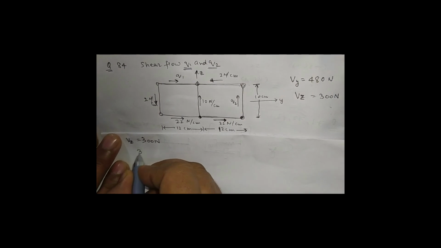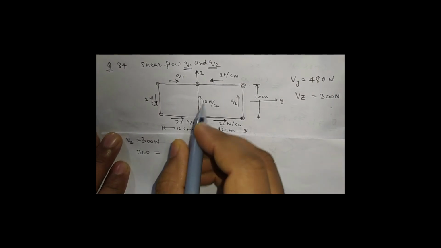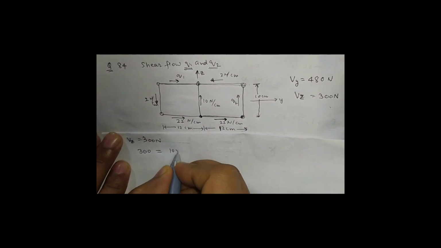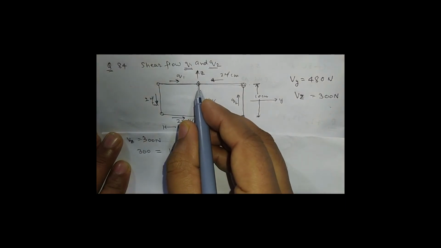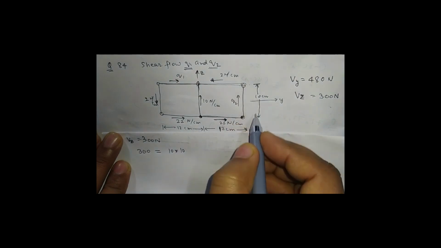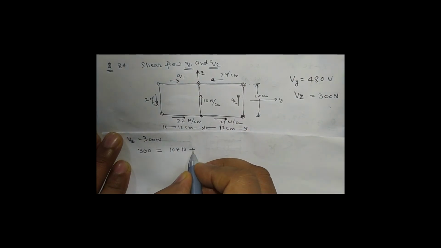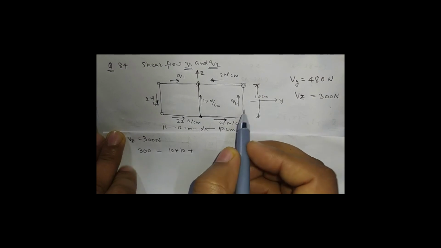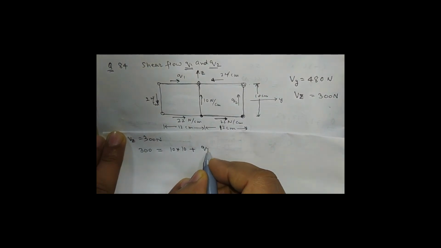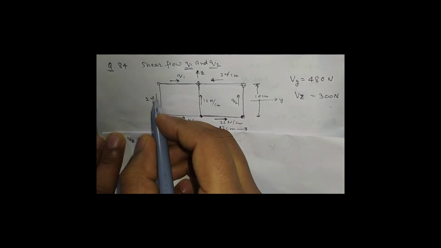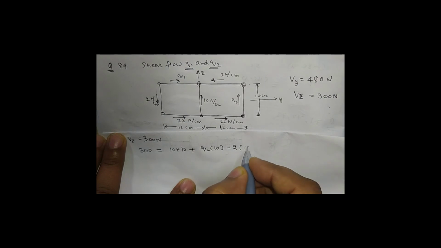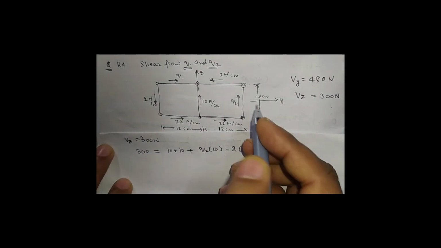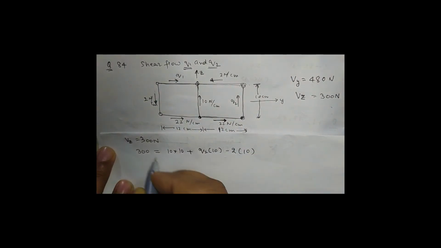So the force will be equal to 10 multiplied by this shear flow, and this wall distance 10 is given here, plus, taking the upward direction as positive, Q2 multiplied by the distance 10, and this is in the opposite direction, so minus 2 into 10, and there are no other forces.